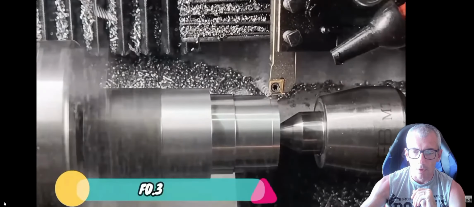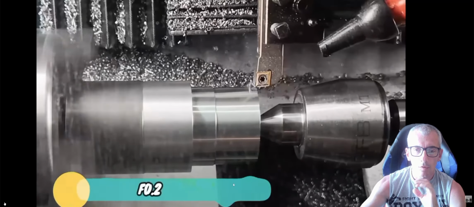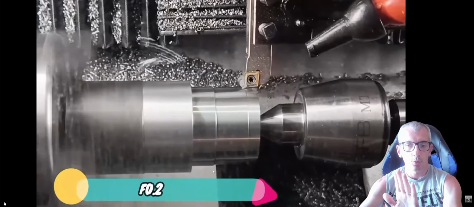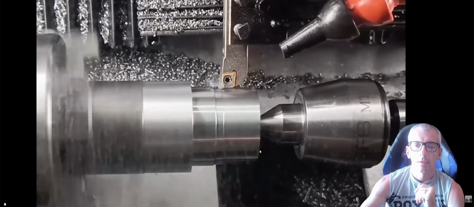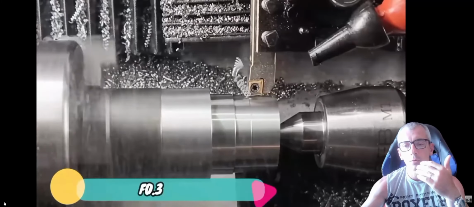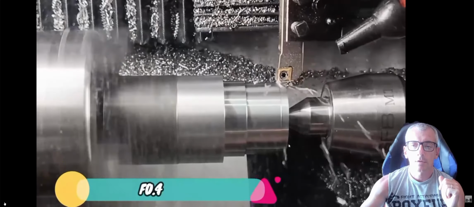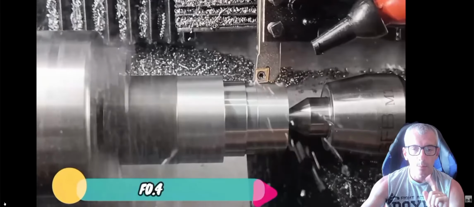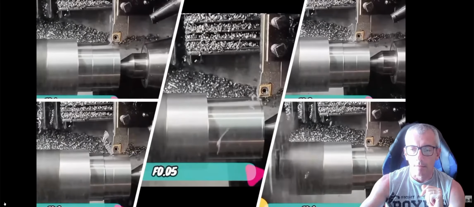So how the chip breaks at F02, the chip breaker deforms the chip. Okay, what happens at F03? At F03 the chip lengthens, meaning it's no longer the chip breaker that breaks the chip. Look what happens at F04. It's not the chip breaker breaking the chip, but the chip that curls up on itself and breaks into a thousand pieces.